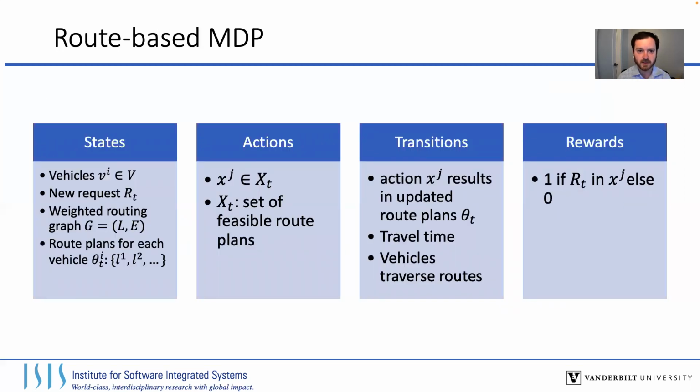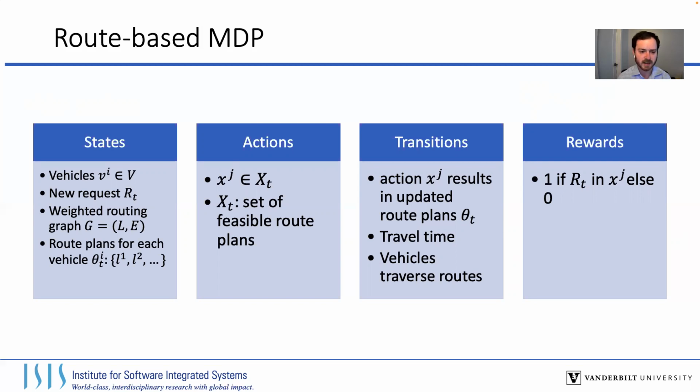We model this as a route-based MDP. The state includes the vehicles and a new trip request. We have a weighted routing graph, which is weighted by the travel time between two nodes in a network. We also have the series of route plans for each vehicle.